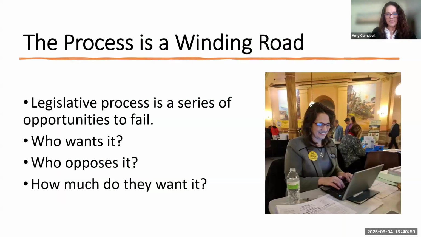So it's a winding road. It's not simple. It's not the ABCs. There's a lot that can happen. However, I'm someone who really supports the idea that passage of legislation needs to be difficult and complicated. Why is that?